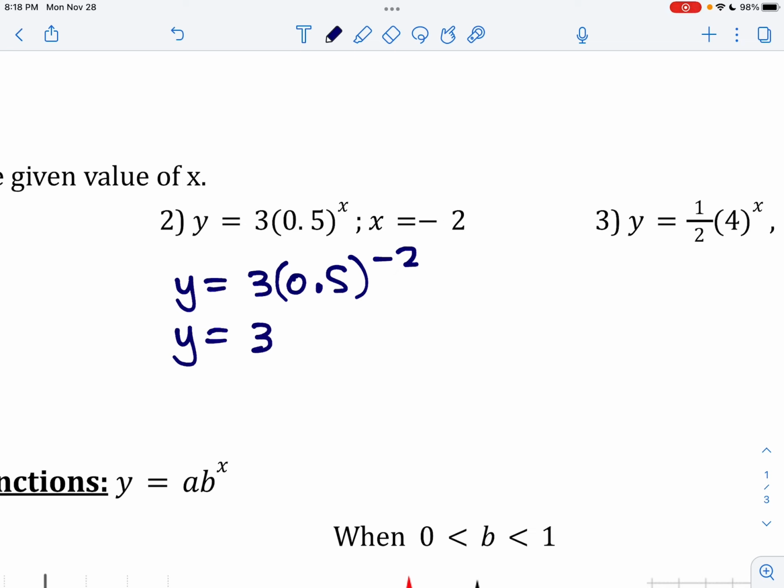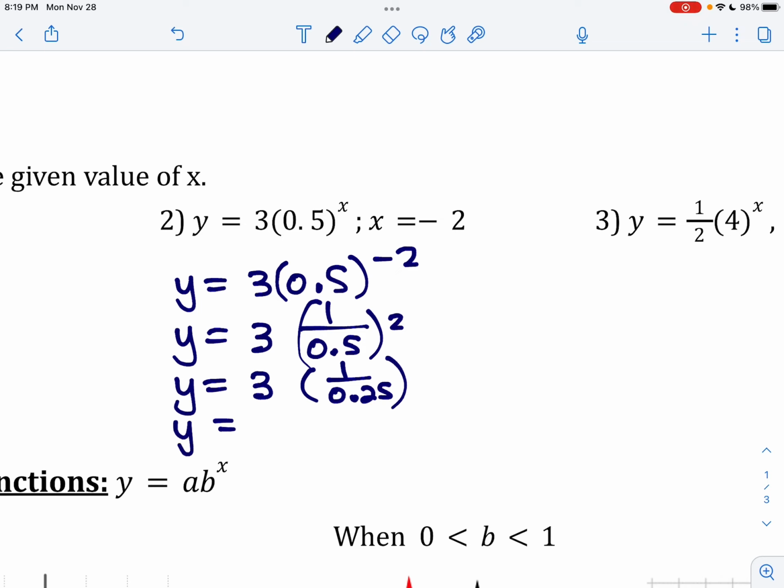We have to flip it and make it a positive exponent. So now I have 1 over 0.5 to the second power. Well, what is 0.5 squared? So this is going to give me 3 times 1 over 0.25.